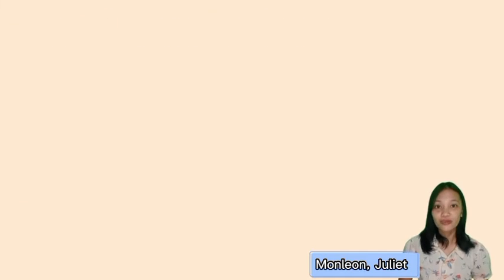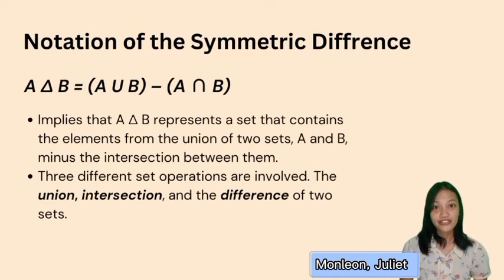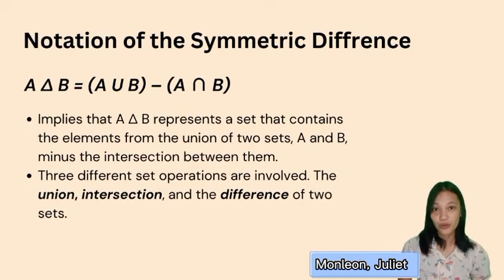So the next subtopic of the symmetric difference is the notation of it. The first notation states that the symmetric difference of A with respect to B is equal to the union of A and B minus the intersection of A and B. It implies that A delta B represents a set that contains the elements from the union of two sets, A and B, minus the intersection between them.